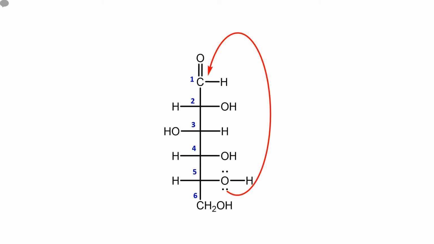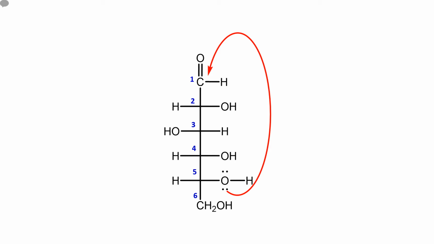In order to go from the line to the ring structure, a hemiacetal must form. Hemiacetals are formed as a result of a chemical reaction between an alcohol functional group and an aldehyde functional group. Notice in glucose there are several different alcohol functional groups present, and there's one aldehyde functional group. So you have several options as to how this hemiacetal can form.